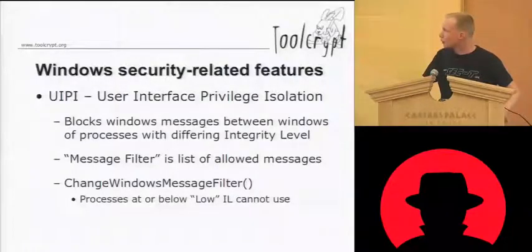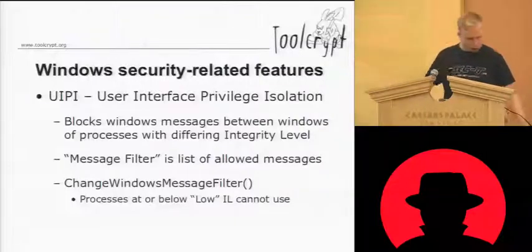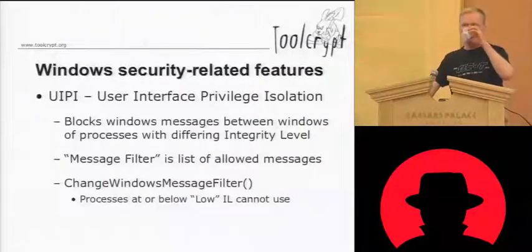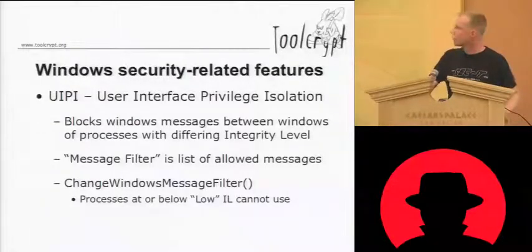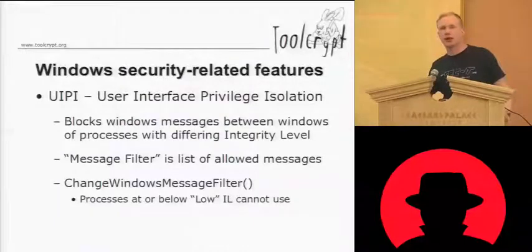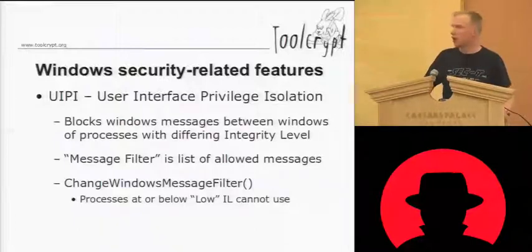And to try to mitigate this problem, Microsoft introduced a feature called UIPI, or User Interface Privilege Isolation. It implements a kind of filter of approved Windows messages that can be sent between windows at different integrity levels.